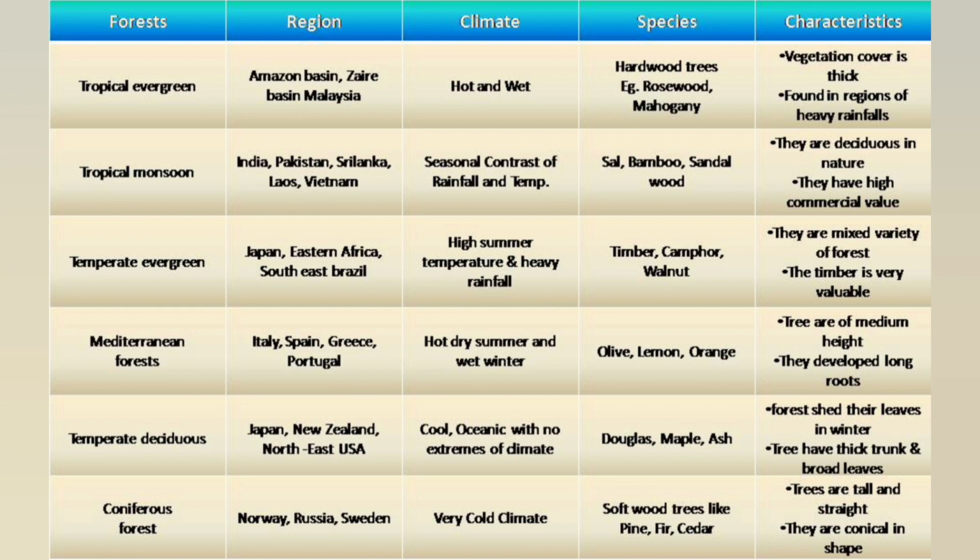These forests are found in areas with short warm summers and severely cold winters. Coniferous forests are also found at high altitudes on mountain slopes like the Himalayas in India. The trees in these forests are tall, straight, and conical in shape, with needle-shaped leaves. Some of the examples are softwood trees like pine, fir, cedar, etc. Some of the regions are given, like Russia, Norway, etc.